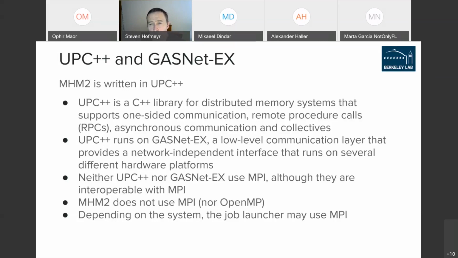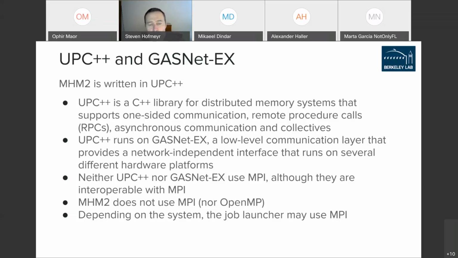It also has support for remote procedure calls, where you can ship your computation to where the data is. By default everything is asynchronous, so it becomes easier to overlap computation and communication, and it has support for collectives and several other features that you would require in a distributed programming environment.